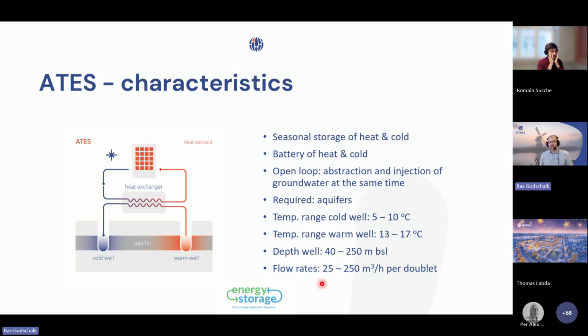And typical flow rates are between 25 to 250 cubes per hour. Smaller is of course possible, but then the economics of a system will be reduced. As also Romain already mentioned, bigger systems are economically more attractive to apply.